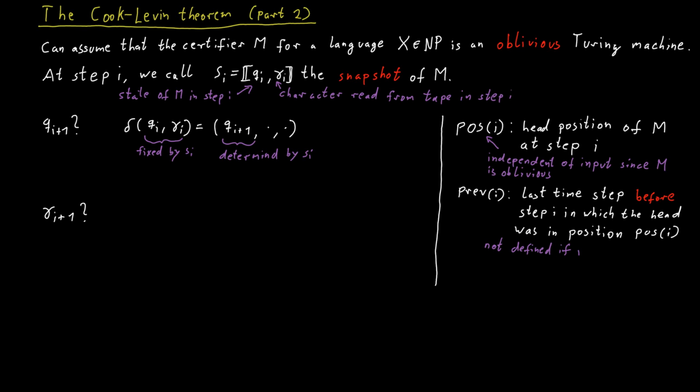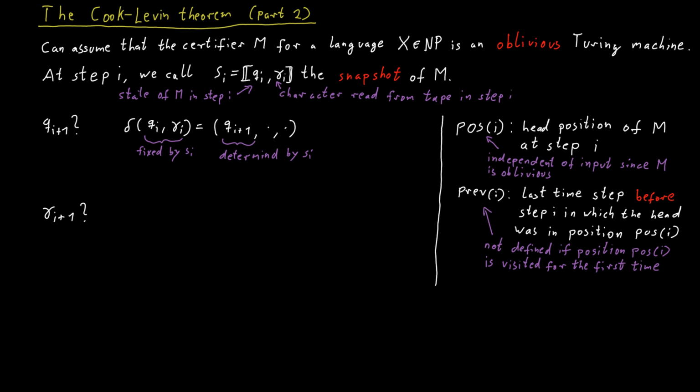And so we are visiting some cell, then we do some other computation, and at a later time we visit that cell again. And when we visit that cell again, I would like to know what was the previous time that we visited that cell. What was the last time we visited that cell before time i?